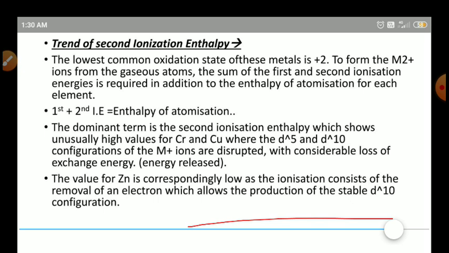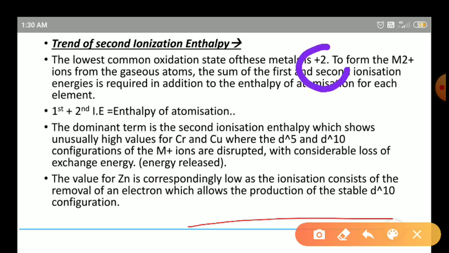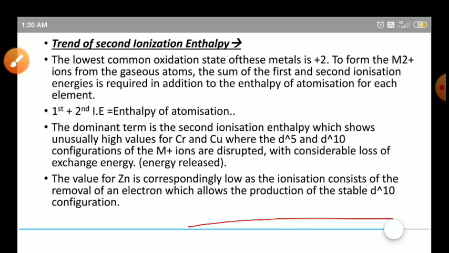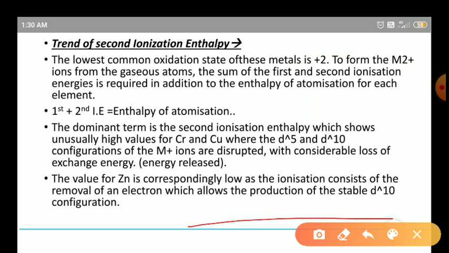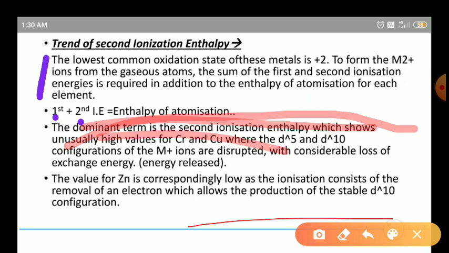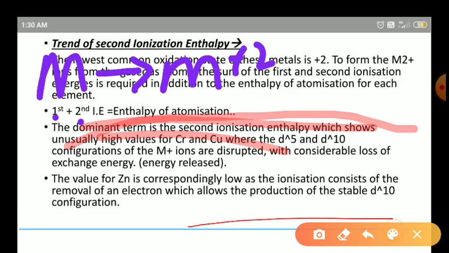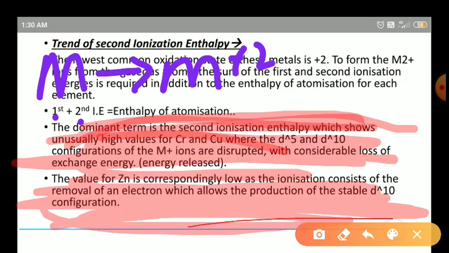Now the trend in second ionization enthalpy, students. In the second ionization enthalpy, the metal exits in the +2 oxidation state, M2+. So for the first and second ionization enthalpy, the metal turns into a metal ion in the +2 oxidation state.